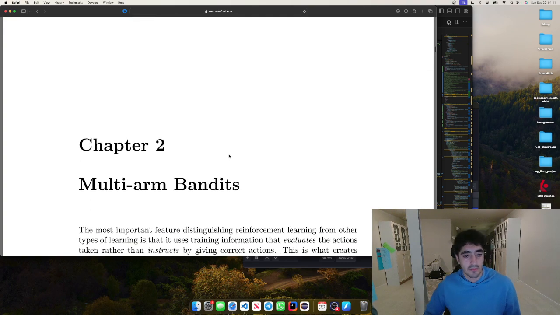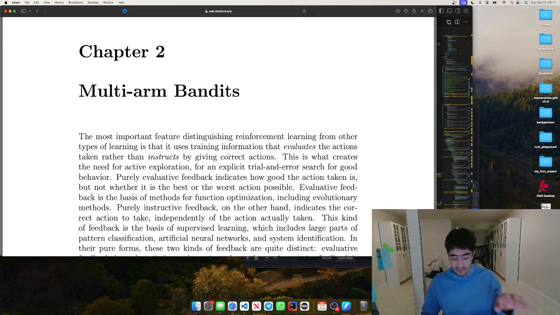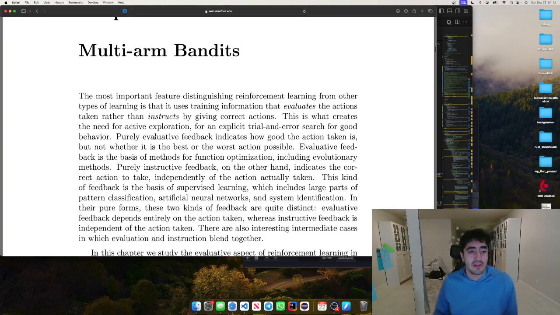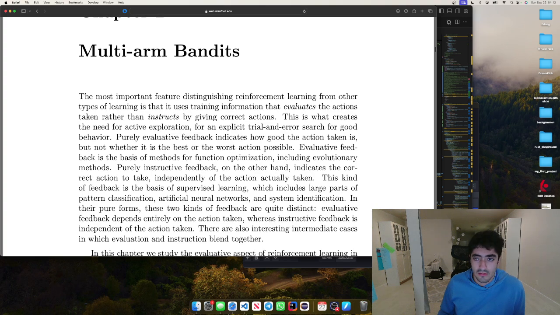Okay, multi-armed bandits. The most important feature distinguishing reinforcement learning from other types of learning is that it uses training information that evaluates the actions taken rather than instructs by giving correct actions.